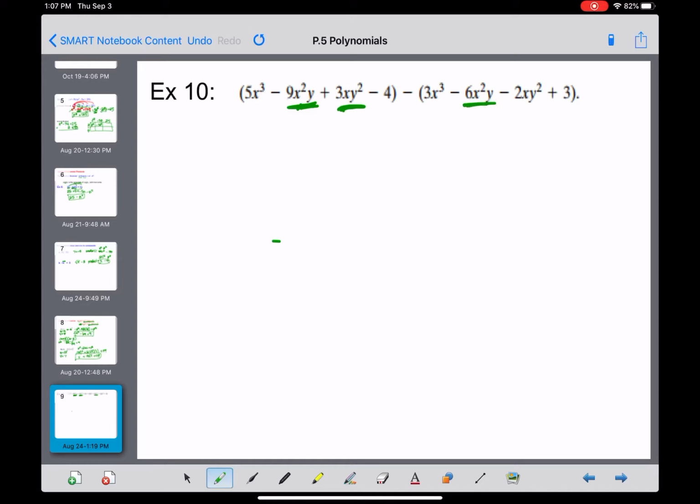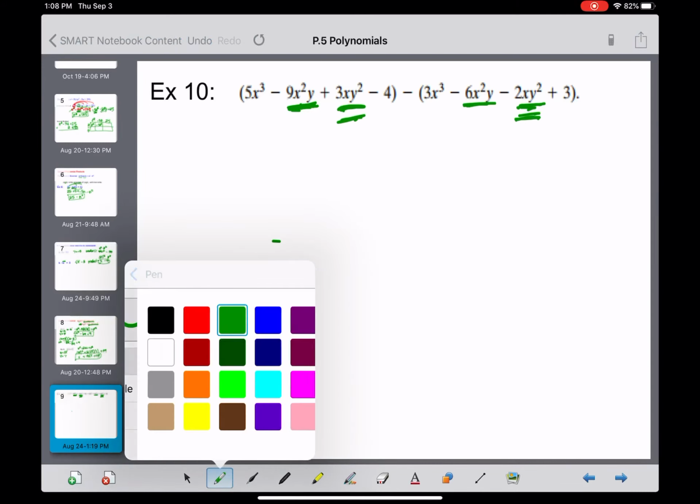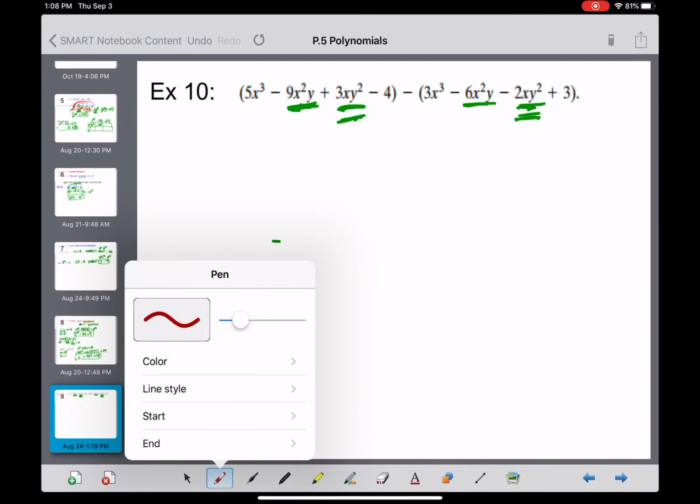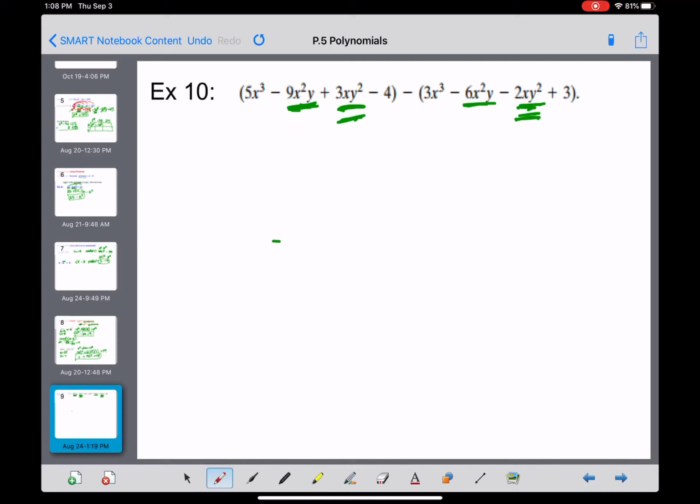So these two would go together and these two would go together. This is, again, another example of subtraction, which I would recommend changing to addition. So we're going to distribute that sign because it's a -1. We're just distributing the -1.